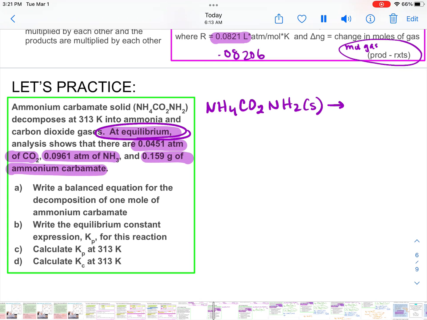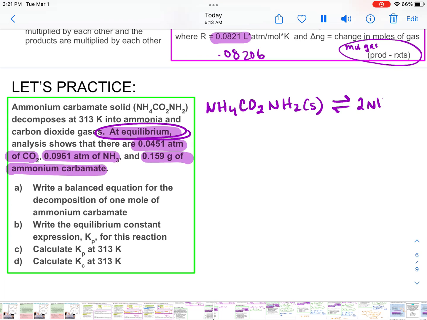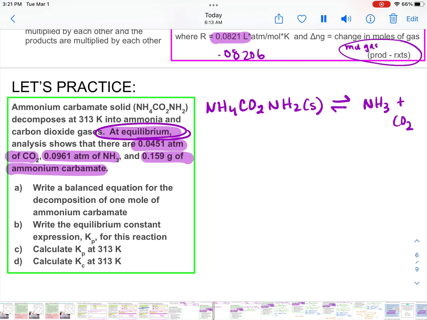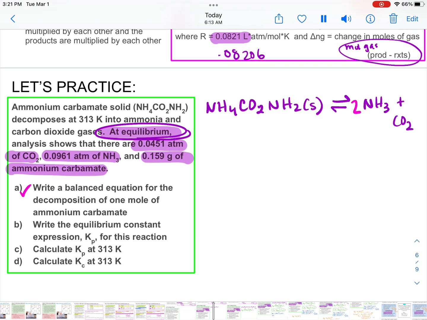Often we write these arrows like this because it's faster. So we have NH3 and CO2 as our products, and I can balance this simply by putting a 2 in front of the NH3. So that balances the equation.